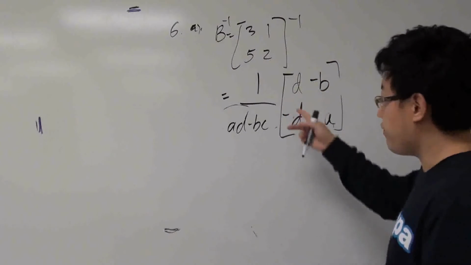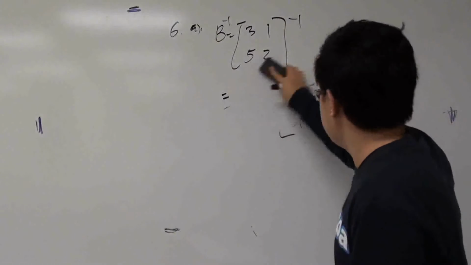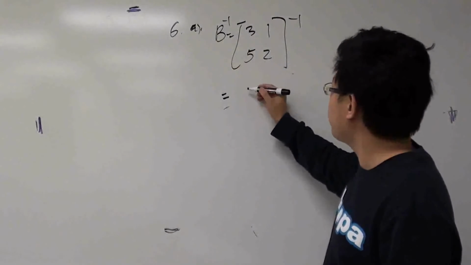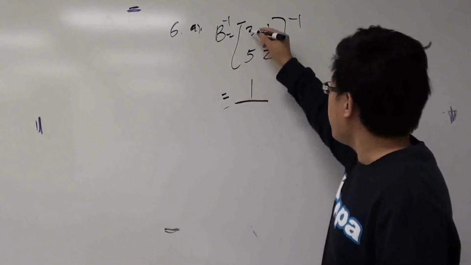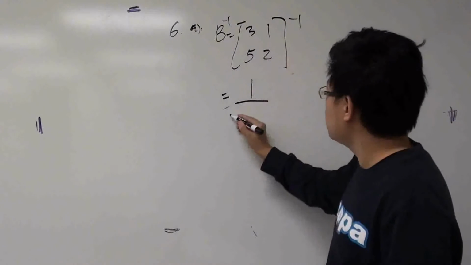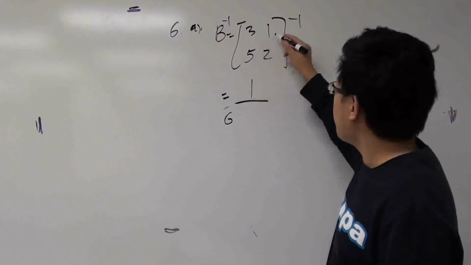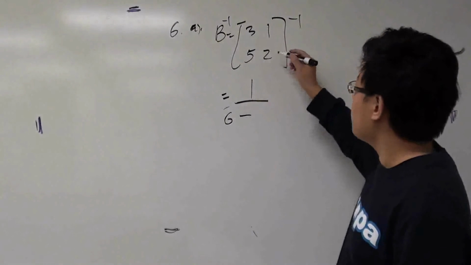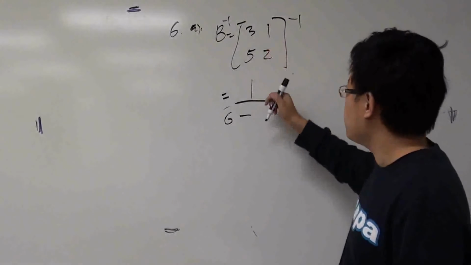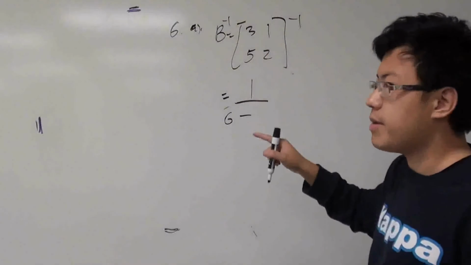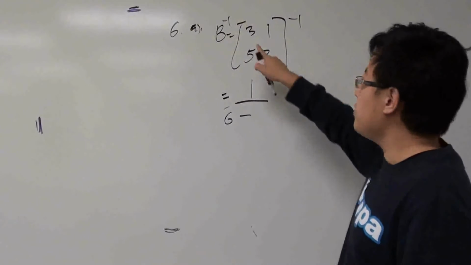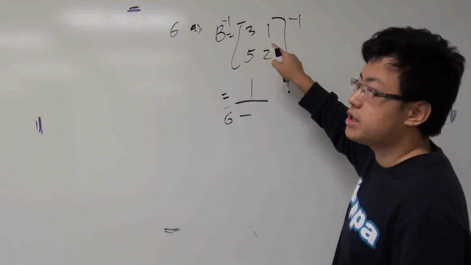So if we were to follow that, AD, so 6 minus 5, 1. So basically when you calculate the determinant, AD minus BC, get the A, B, C, D from the original matrix position.